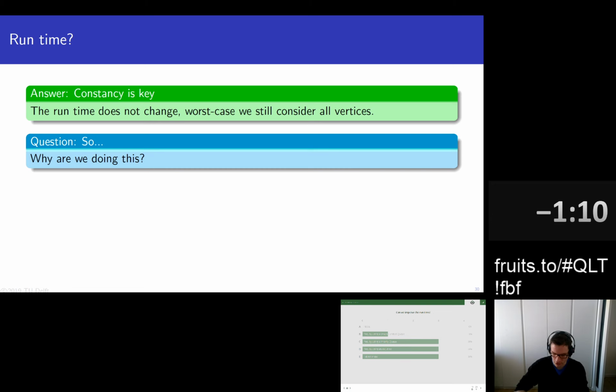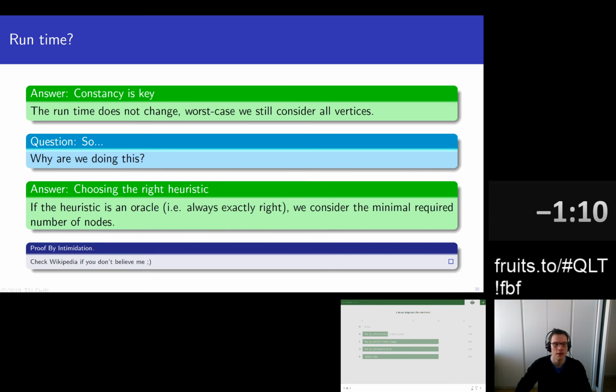So then why are we doing this? Well, if the heuristic is an oracle, meaning it is always exactly right, then we consider the minimal required number of nodes. This is a nice proven theorem that you can check the proof for in Wikipedia if you don't believe me. And it says if we have a perfect estimate, then we consider the minimal number of nodes.